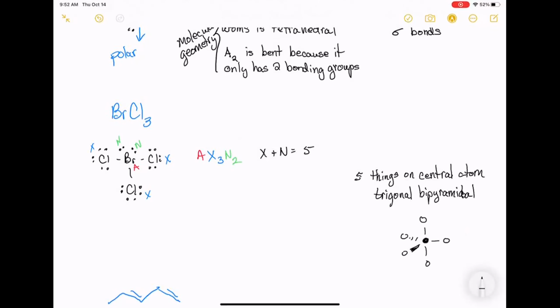This would be your electronic geometry, or electron geometry. To get to the molecular geometry, two of those atoms will be replaced by lone pairs.